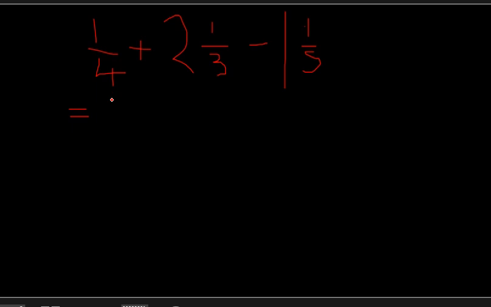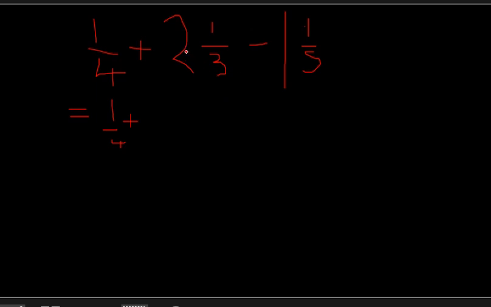So here we rewrite this into proper and improper fractions, because it has mixed fractions. So 1 over 4 plus, how do you write this into an improper fraction?